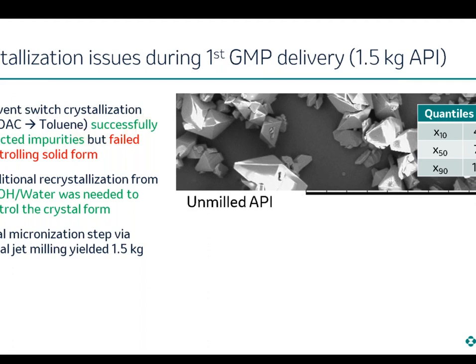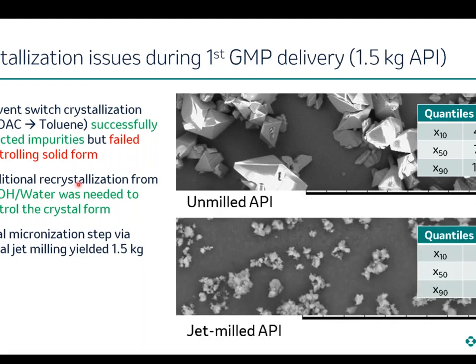Although it successfully rejected impurities, which was already a good sign, it failed to control the solid form. There were two different polymorphs, as I will show later, and an additional recrystallization step from water-methanol was needed to achieve the pure desired crystal form.